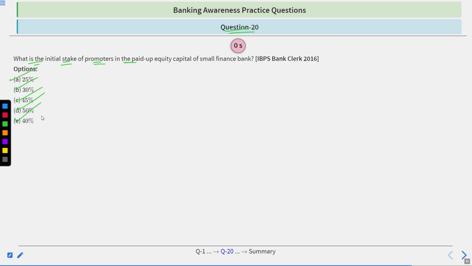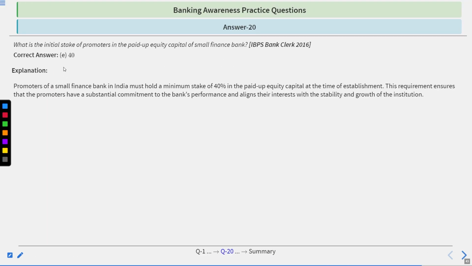Okay, I'm sorry, actually 10 seconds you had, not 20. Correct answer is 40. Go by explanation. Promoters of a small finance bank in India must hold a minimum stake of 40% in the paid-up equity capital at the time of establishment. This requirement ensures that the promoters have a substantial commitment to the bank's performance, aligning their interests with the stability and growth of the institution.